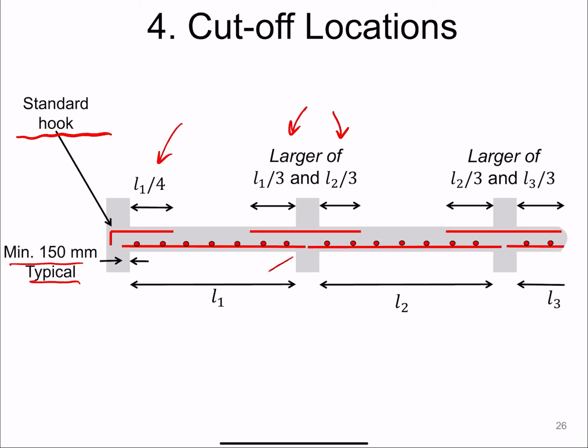Take a look at the penetration here, 150 mils. And the negative reinforcement is the larger of span over 3, according to the span that you may have. Easy requirements to follow. You have to check just that the conditions are met.